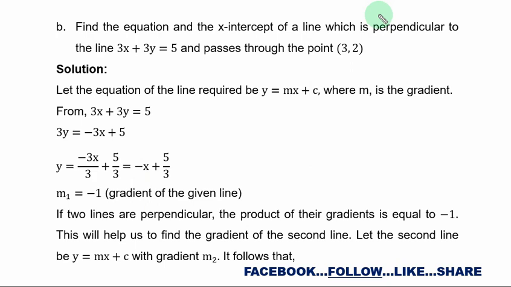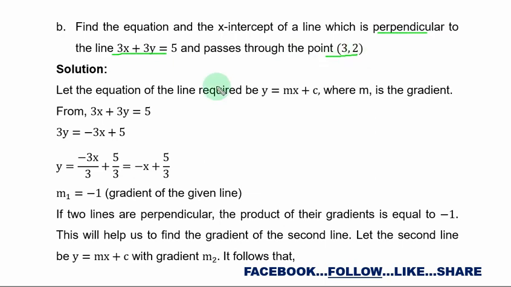Question 8b. Find the equation and the s-intercept of a line which is perpendicular to the line 3s + 3y = 5 and passes through the point (3, 2). Solution.